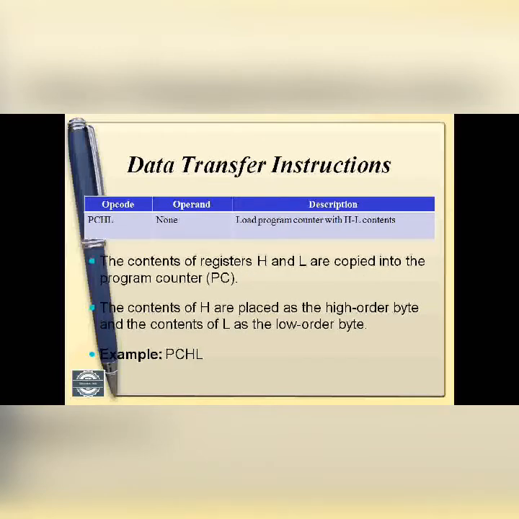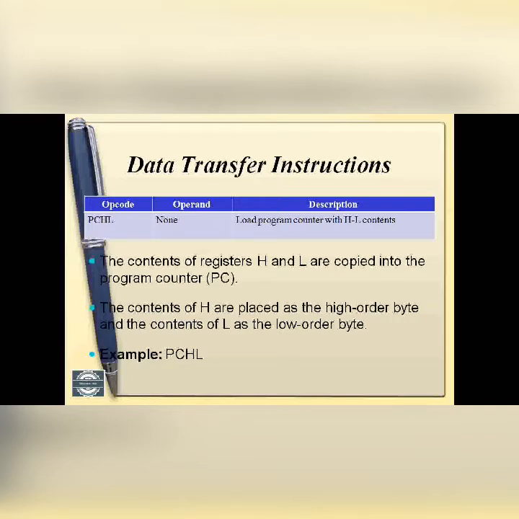The PCHL. Generally, the contents of H and L are copied into the program counter. That means all the values of H and L will be copied to the program counter PC. Here you can see the example, only PCHL.